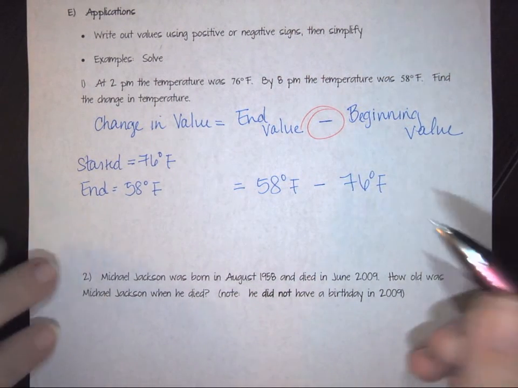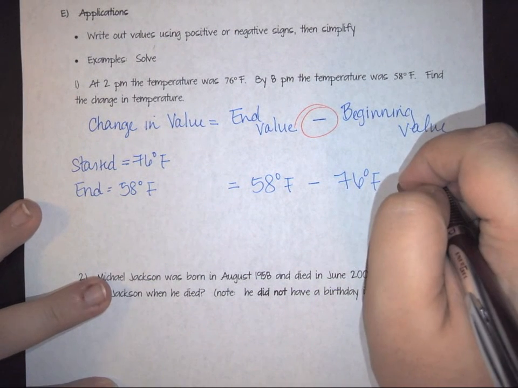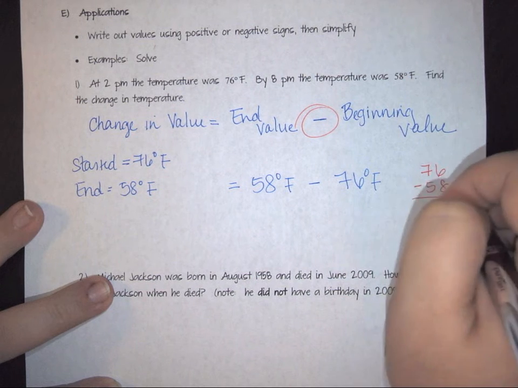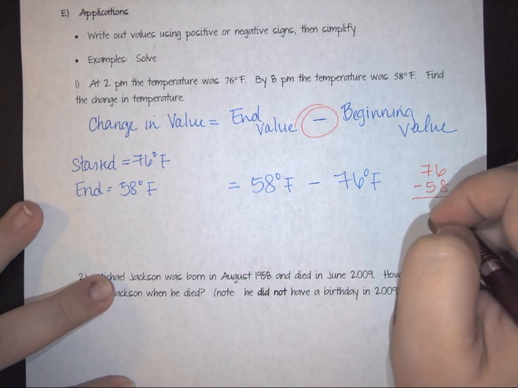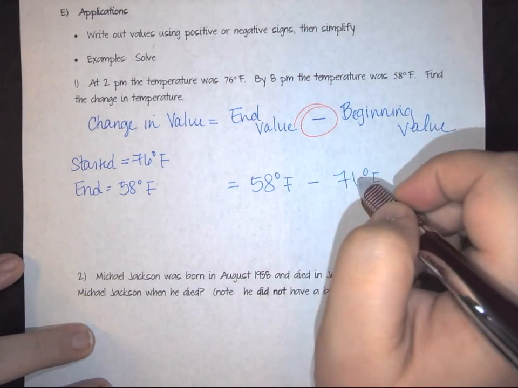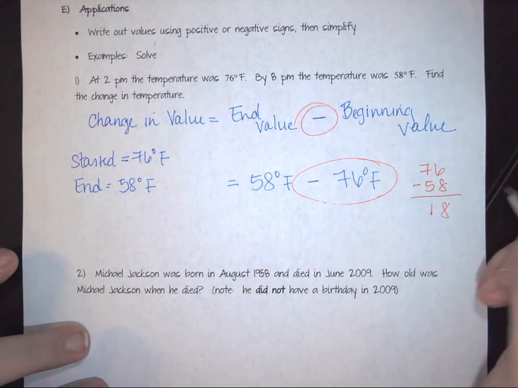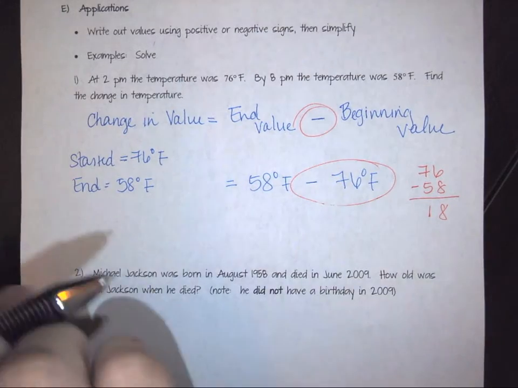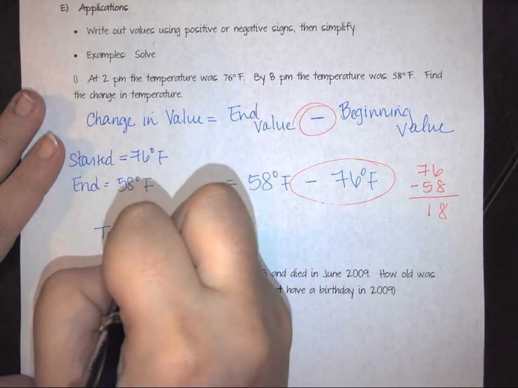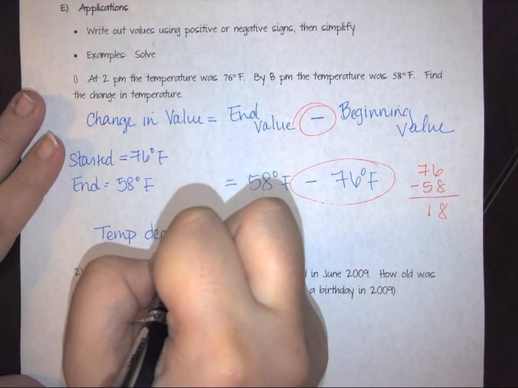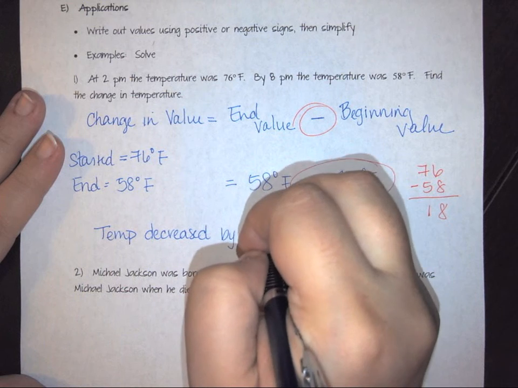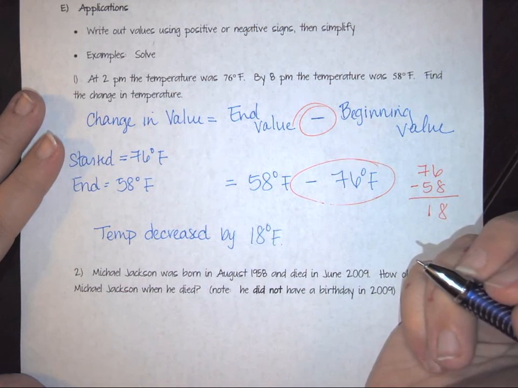So again, what do we know? Well, we know that we can do 76 minus 58. In doing so, we find out that we have 18 as a result. Again, remember, my larger number here is negative. Therefore, we would state that your temperature decreased by 18 degrees Fahrenheit.